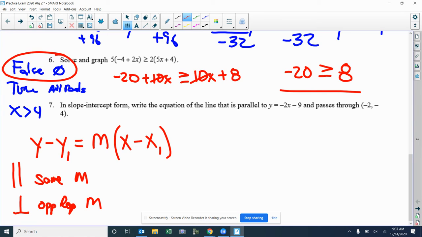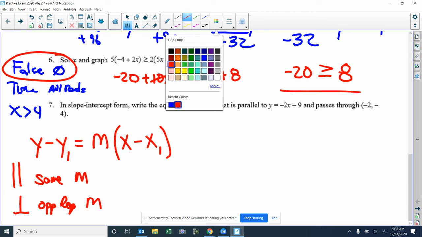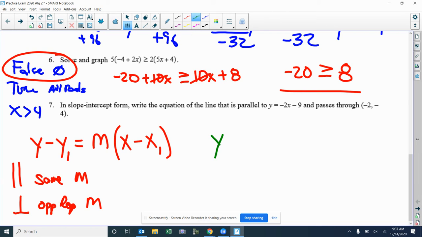So now let's plug in some information that we have into our nice little formula here. We have y minus, but it's a minus, it's a 4, isn't it? So it's going to be plus 4. Okay, so your x, y, it kind of comes down here, but your 4 is right here. So we're plugging in a y value, but it's negative, negative, so it's positive. Then we're going to go with our slope. It is parallel, right? So it's the same, so it's going to be negative 2.